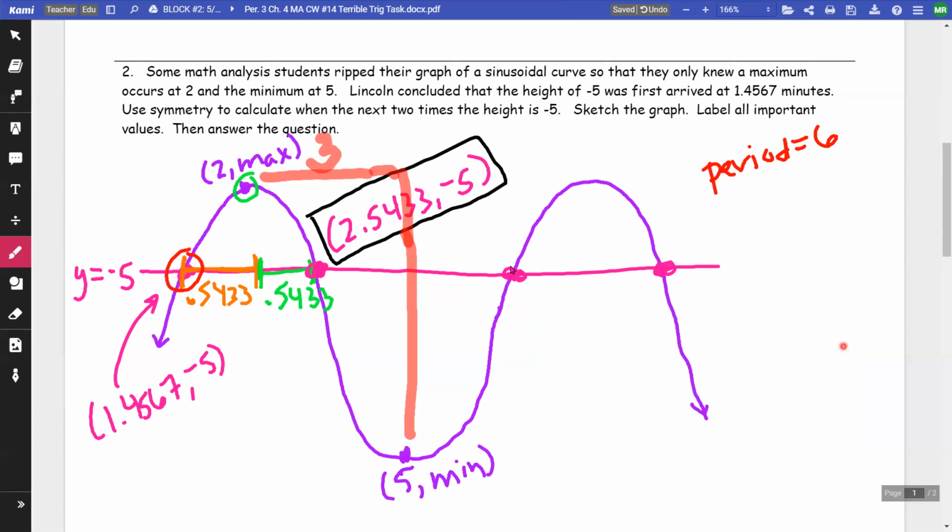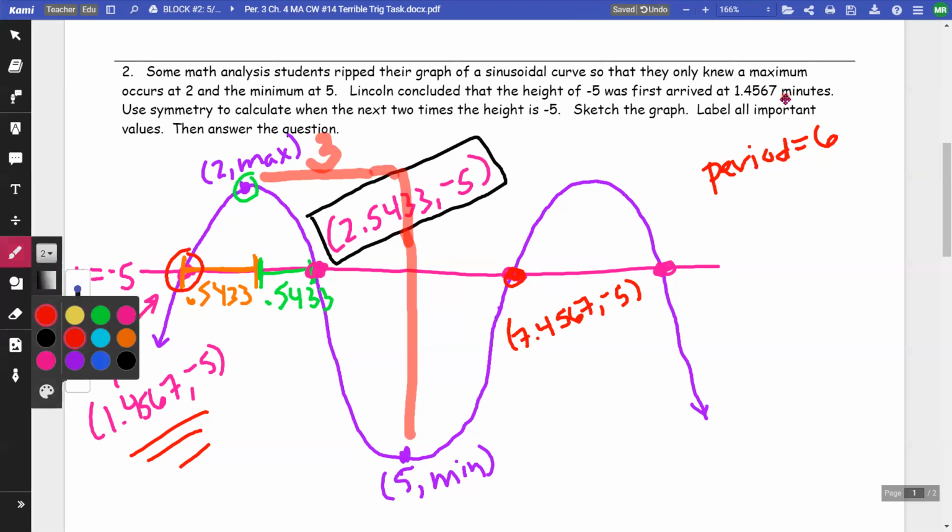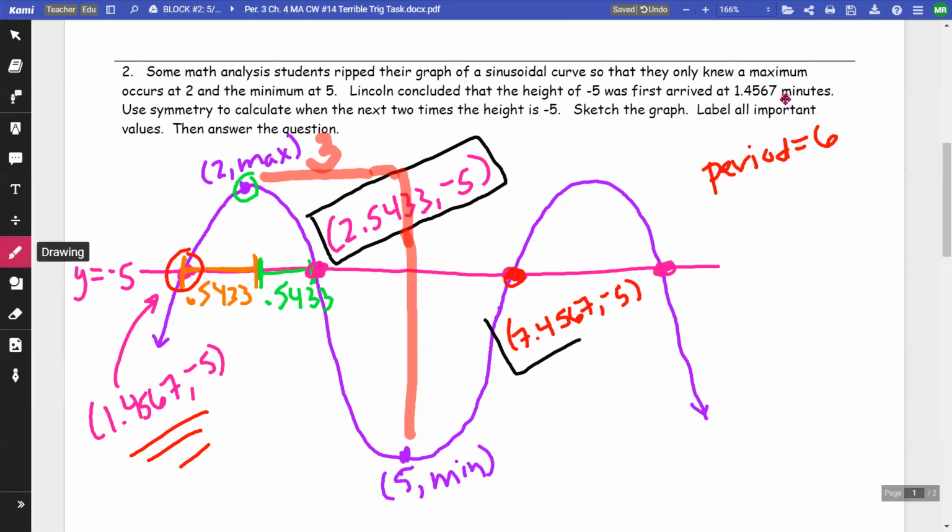So when I add 6 on to this one here, I'm going to get this point, which is going to be 7.4567, comma, -5. So that is going to be the second time that it hits that height of -5 after the first time.